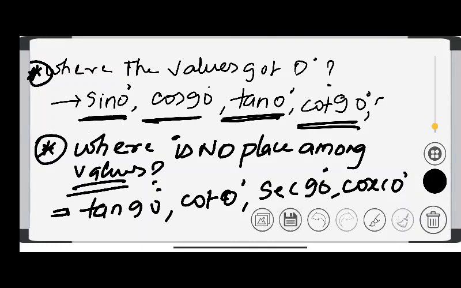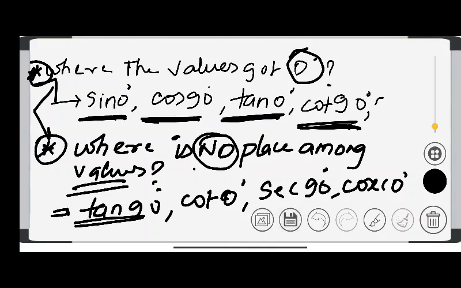So remember both of them. Let's revise once again. Where I found 0 degree: sine 0 degree, cos 90 degree, tan 0 degree, cot 90 degree. And where you found not defined: tan 90 not defined, cot 0 not defined, sec 90 not defined, cosec 0 not defined. Okay, let's jump to the next one.